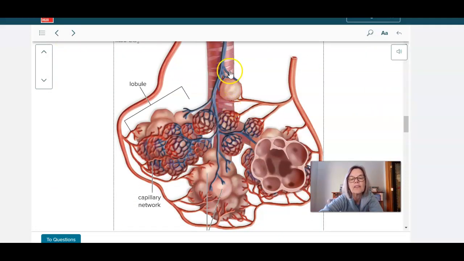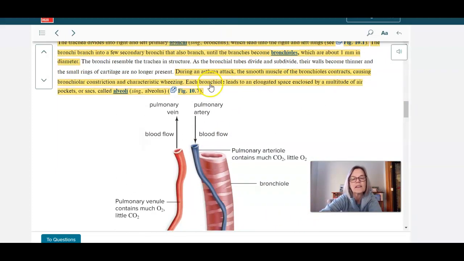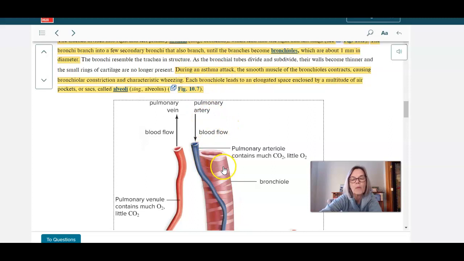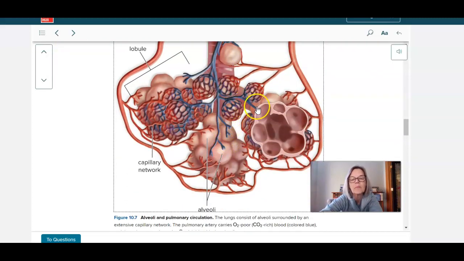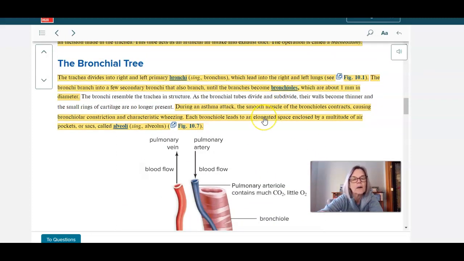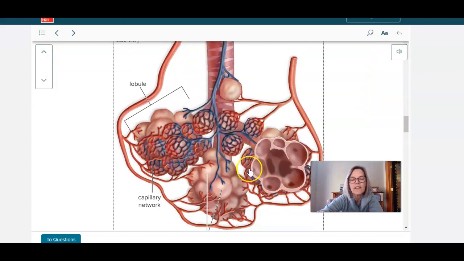So here we have the bronchus, or a single one is bronchus, but this has branched into a bronchiole, a smaller bronchi. And then ultimately you're going to end in these little air sacs, and those air sacs are called alveoli.